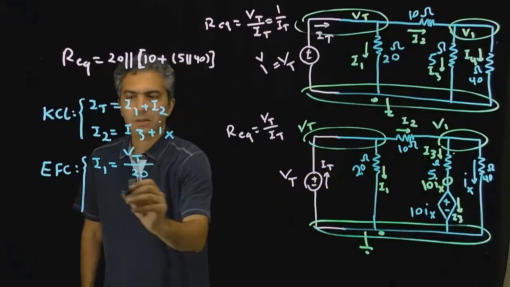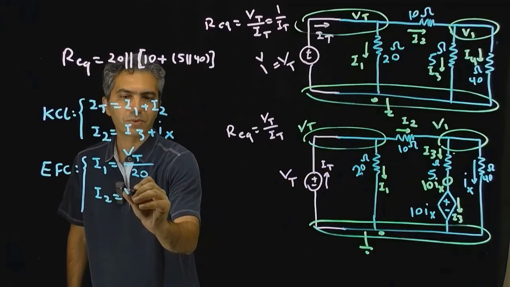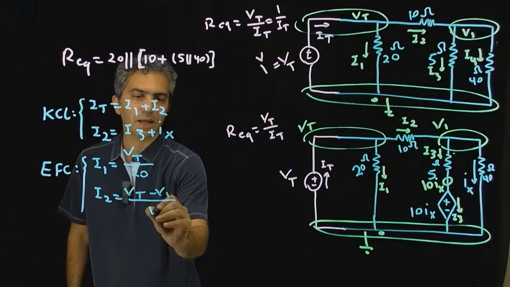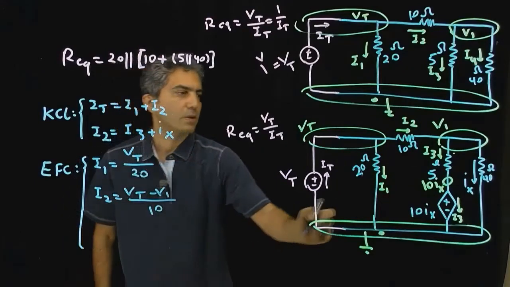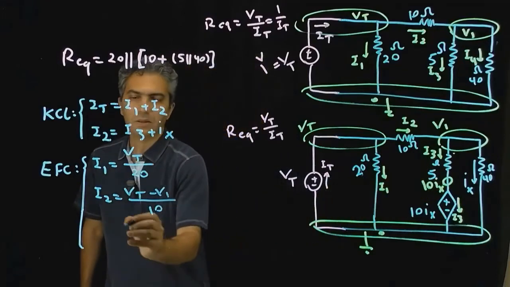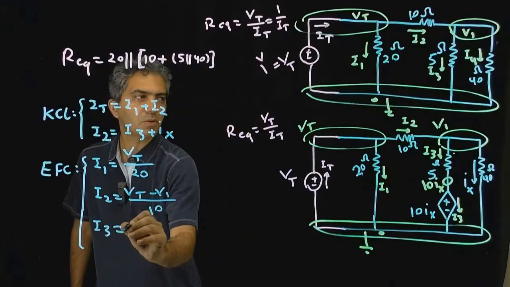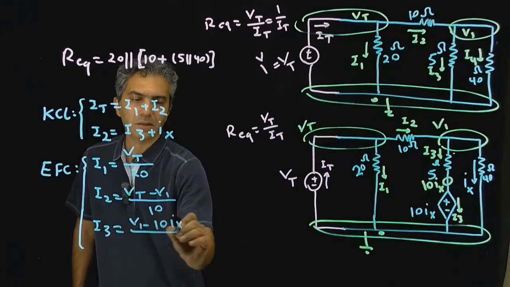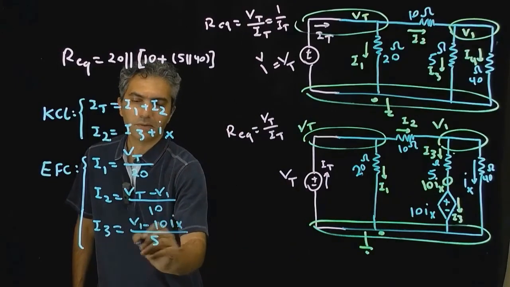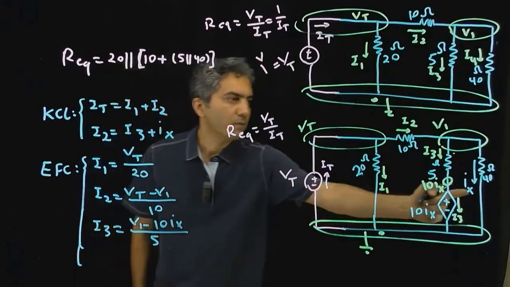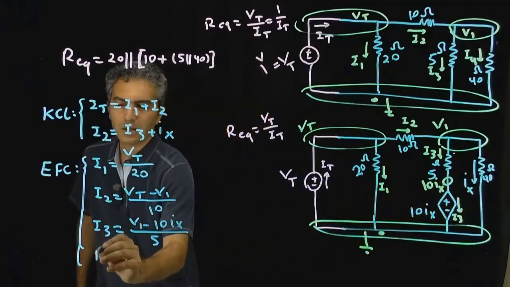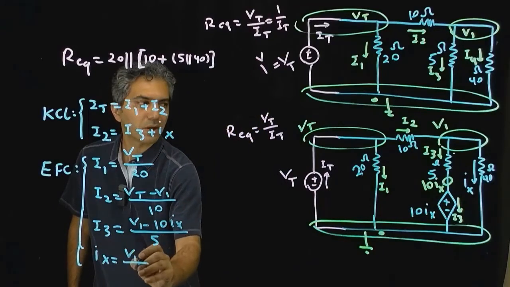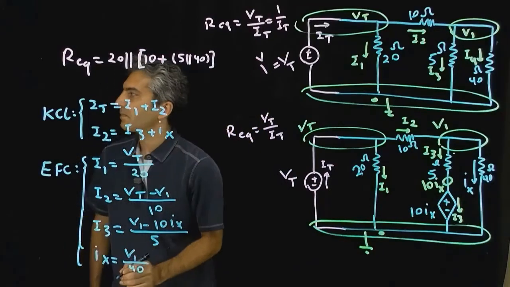For that component, I2 is equal to Vt minus V1 divided by 10. For this component, I3 is equal to V1 minus 10Ix divided by 5. And finally, for 40, Ix is equal to V1 minus 0 divided by 40.